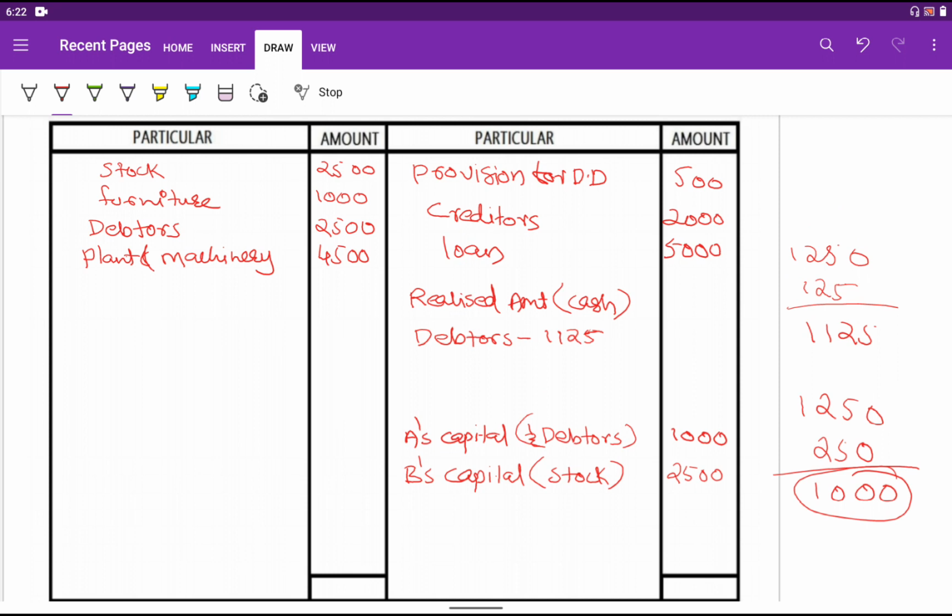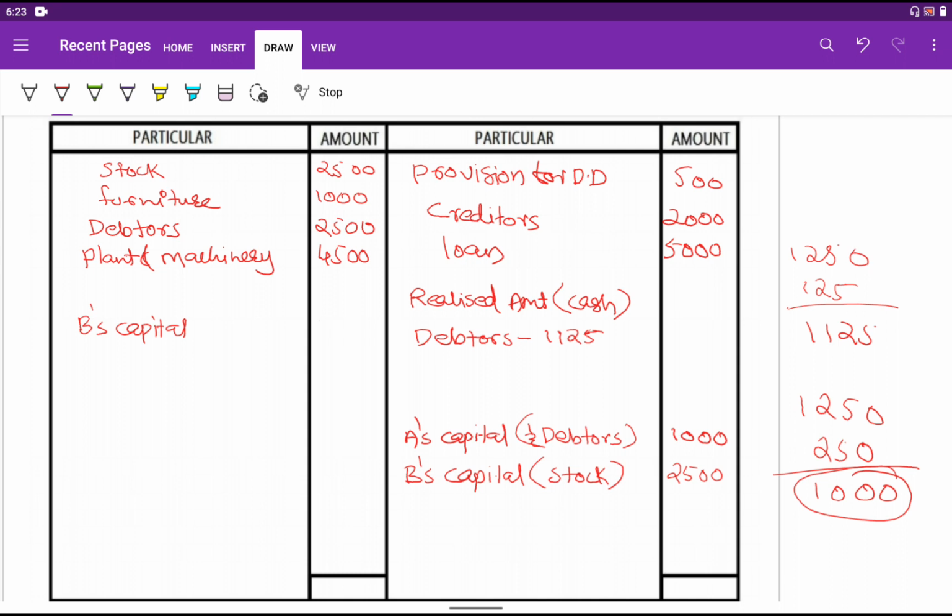B agreed to settle, so we will write B's capital. Before, we were writing sundry creditors in bracket cash with that amount. But here B is ready to settle, so we write it in B's capital account. The side is the same, everything is the same, only we are changing the name because he is settling. Instead of sundry creditors, we will write B's capital account 2000.